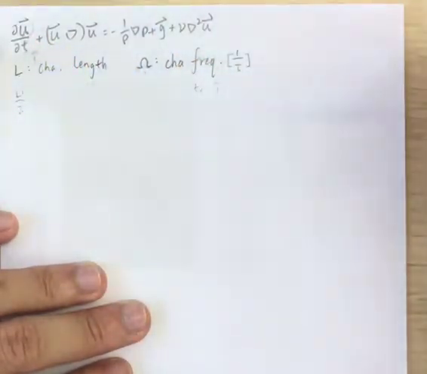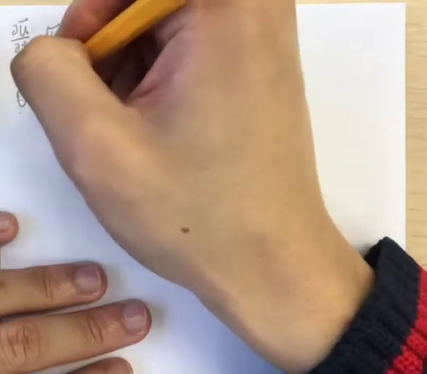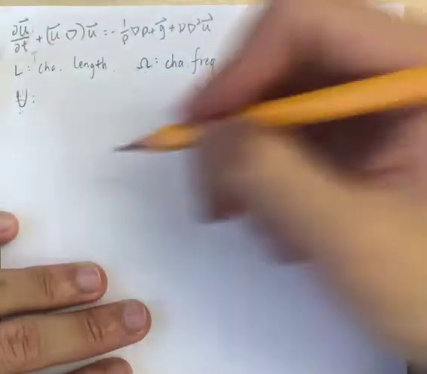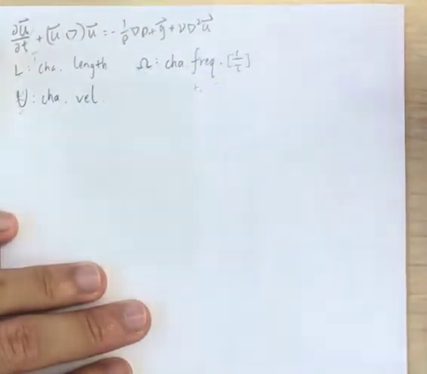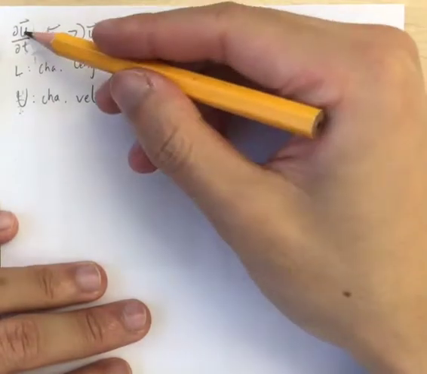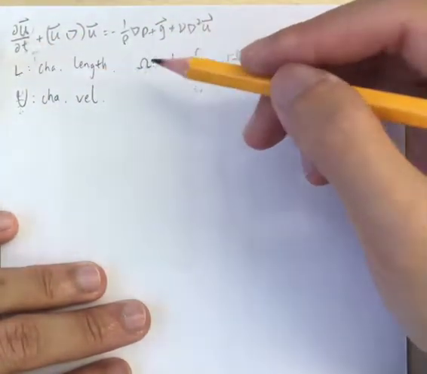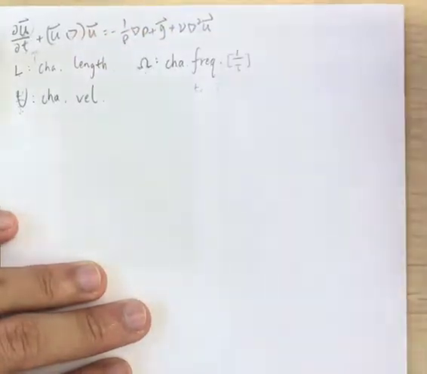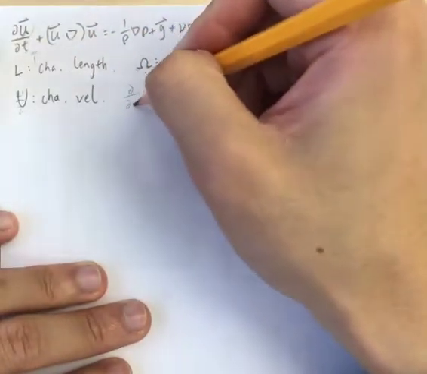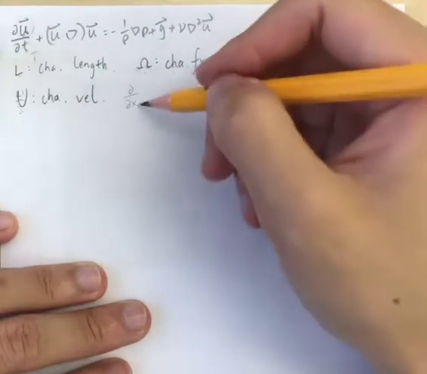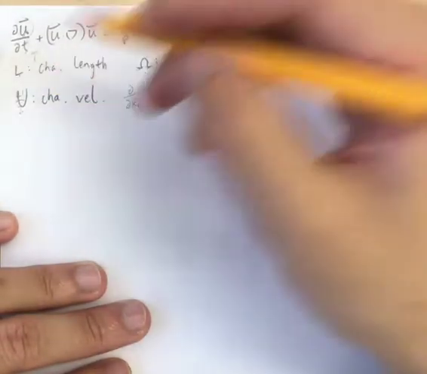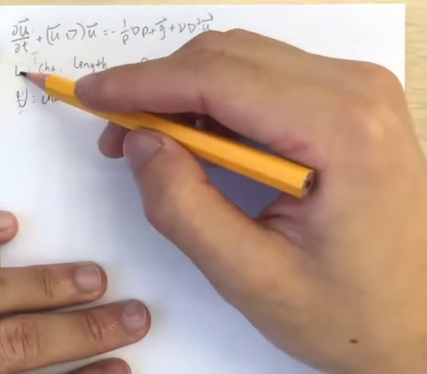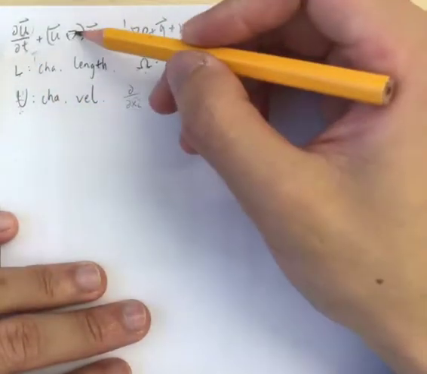But here, again, for the elegancy of the final result, we'll introduce a characteristic velocity, which is called capital U. U we know, t we know, right? What's nabla? Nabla is this thing, right? And what about the xi? Xi has a dimension of what? Of length. So length is sufficient to take care of the dimensions of nabla.